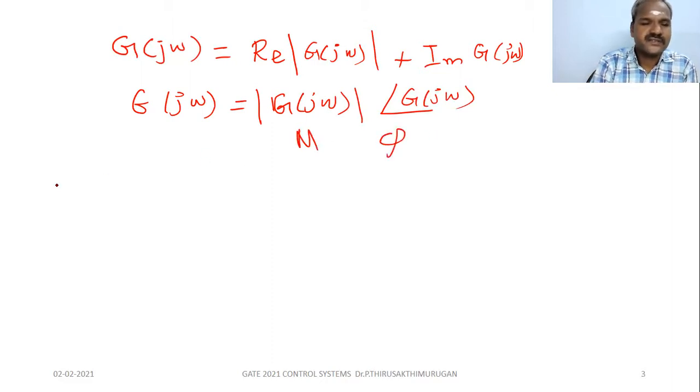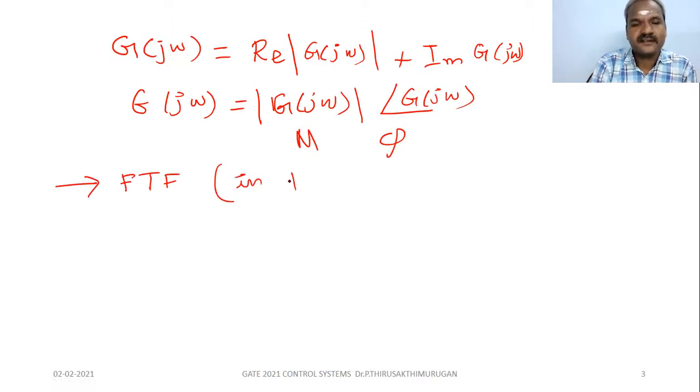So the first step, which is a must, is to convert the given transfer function into the frequency transfer function in time constant form. Next, find the magnitude and phase angle.